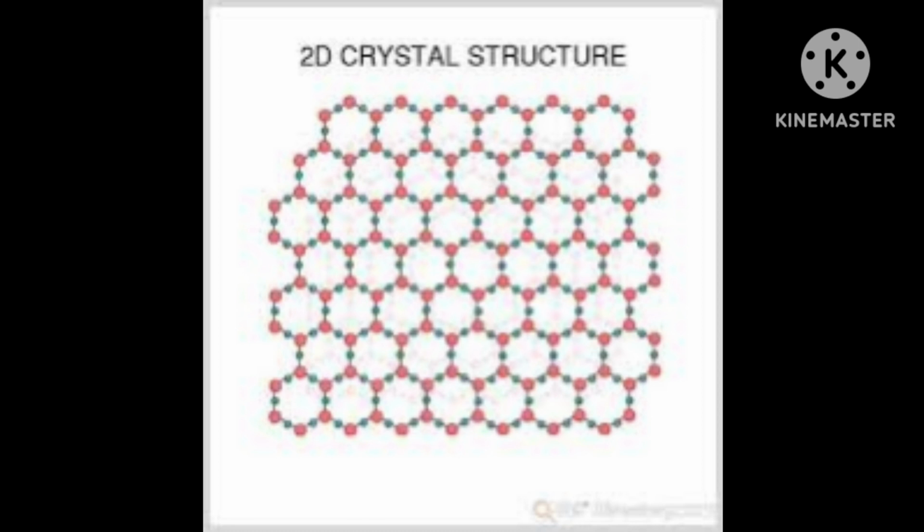Okay, silicon oxide is very hard. Regarding physical state, you know that diamond is the hardest substance. All are hard, only graphite is soft. And what about conductivity? All are insulators except graphite. Graphite is a conductor; this is the exception. And what is the melting point?